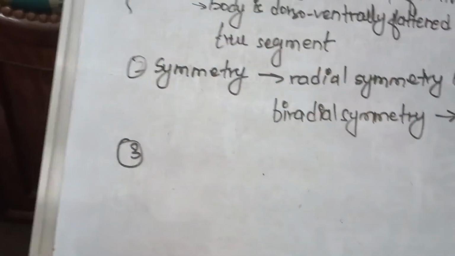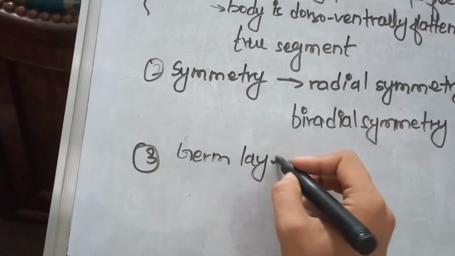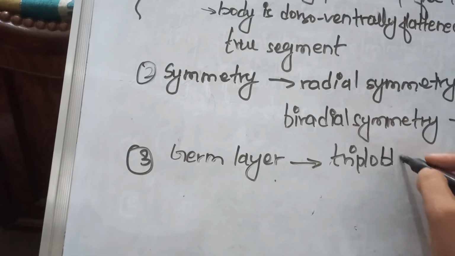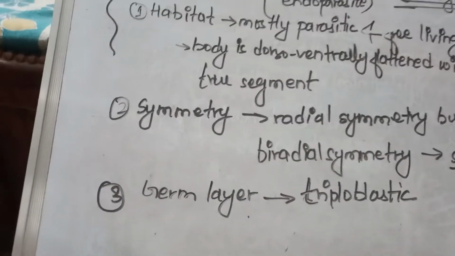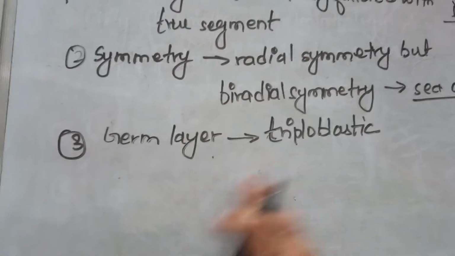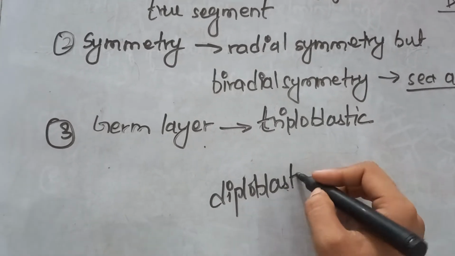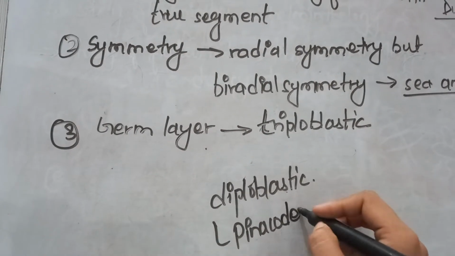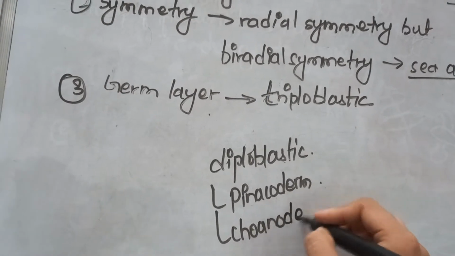Likewise, in third number we will be dealing with germ layers. They are triploblastic. We have learned that Coelenterata and Porifera are diploblastic. In Porifera you have pinacoderm and choanoderm.